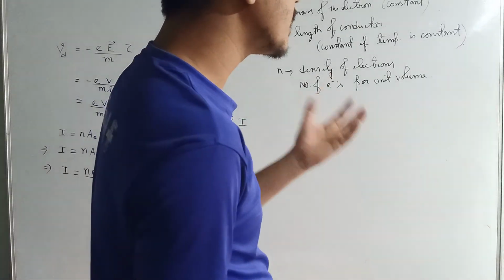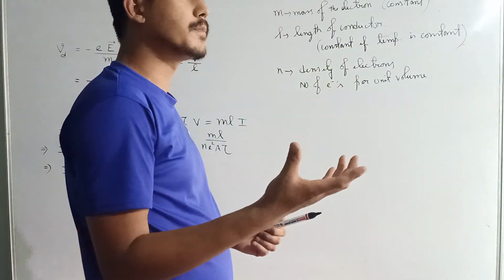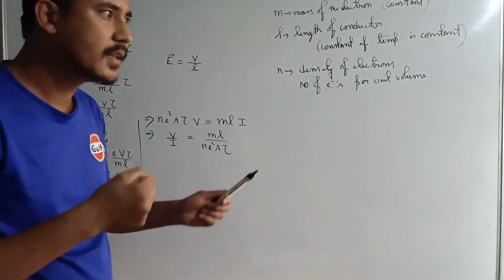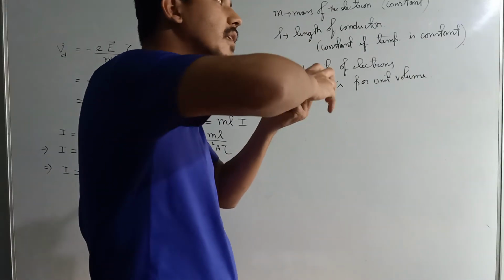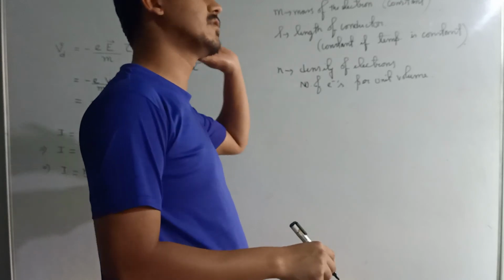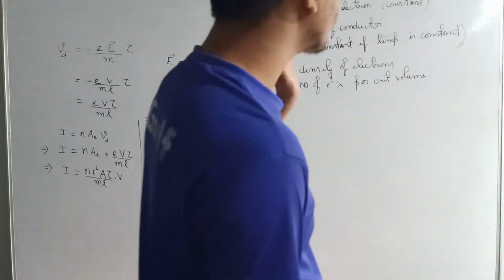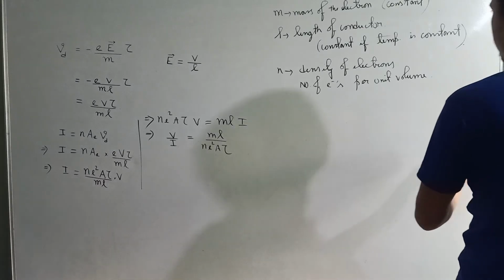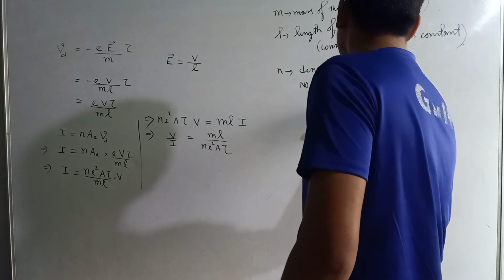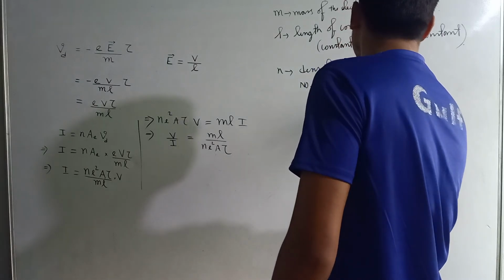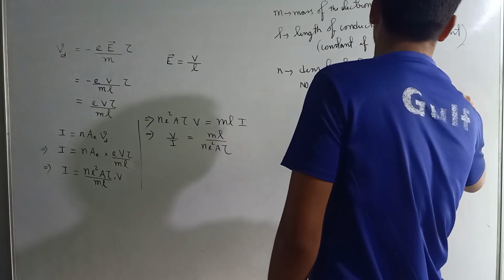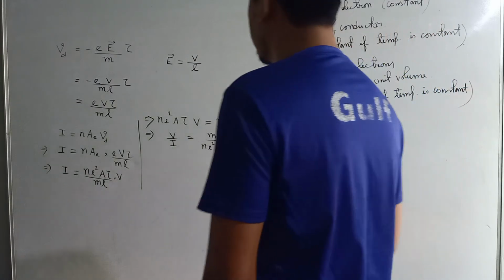Because if you increase the temperature, then the electrons will absorb that heat energy of the conductor, and they will accelerate and they will move out of the atom. Okay, in that case, the density of the electrons may decrease. But if the temperature is kept constant, then the density of the electrons will always remain constant. So, n is constant only if temperature is constant.